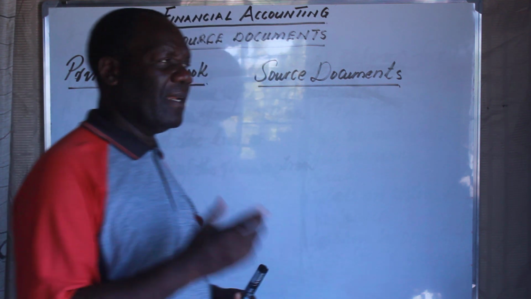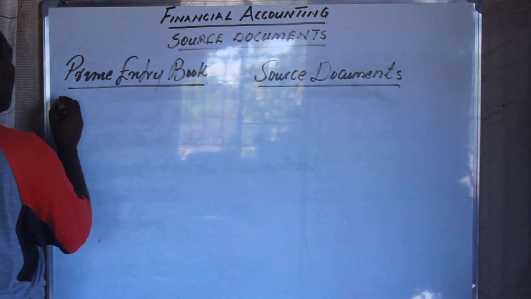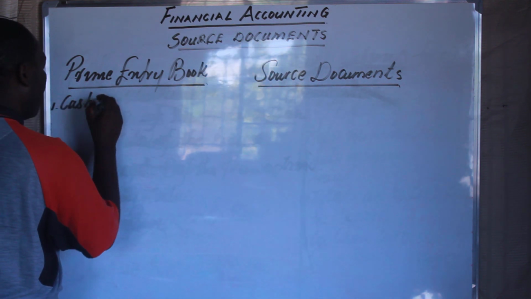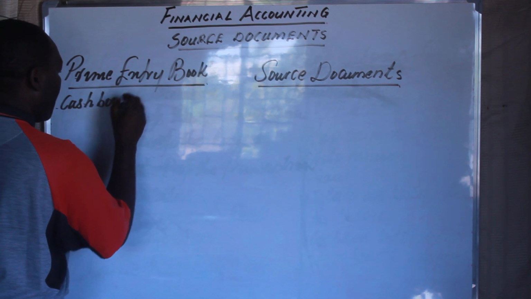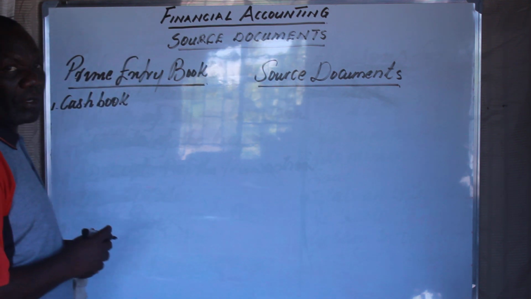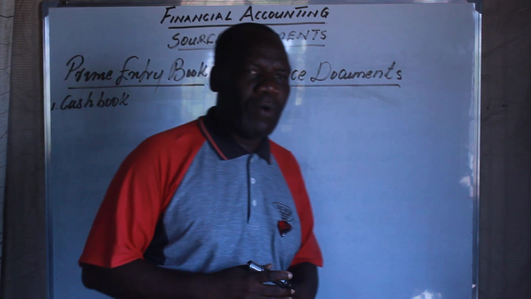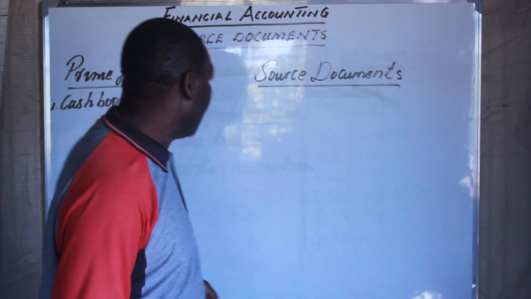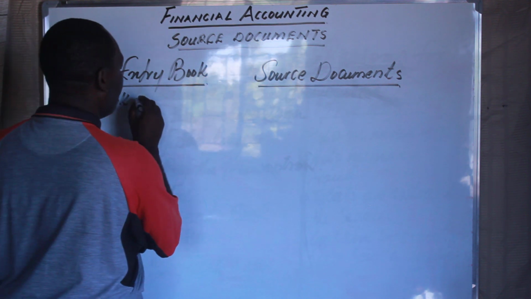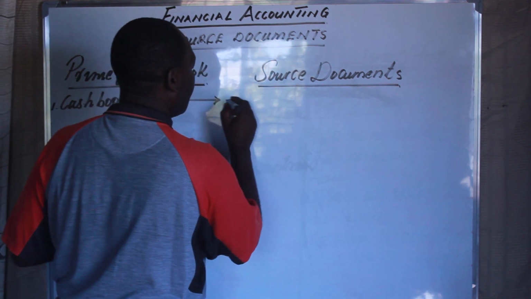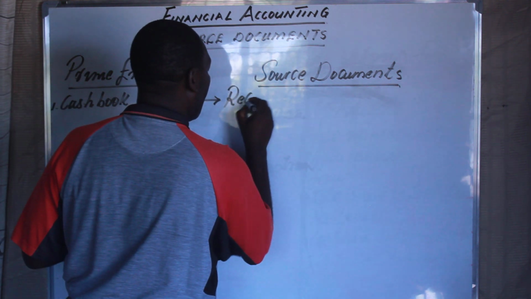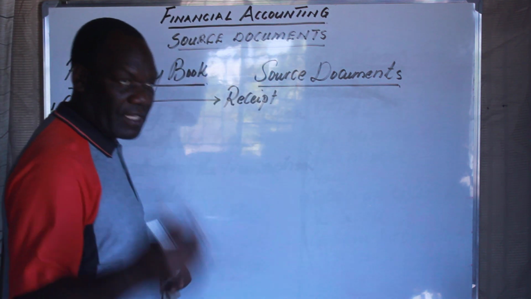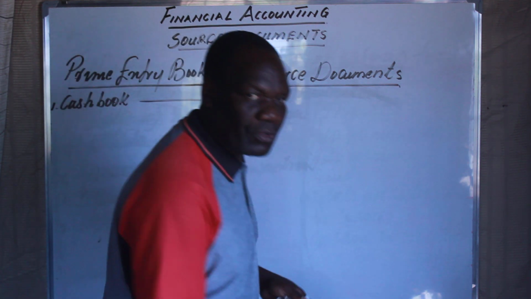Number 1, let us look at the cash book. What will be the source document for a cash book? Here we are going to look at a receipt book or the receipt, the actual receipt that has been issued.